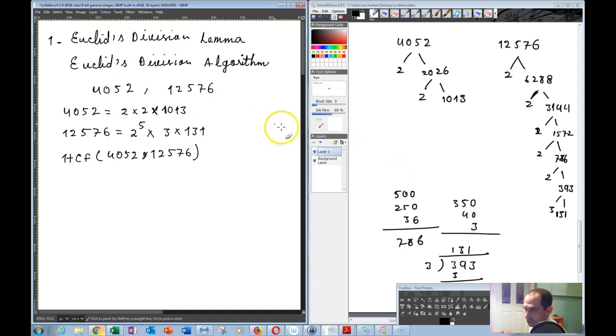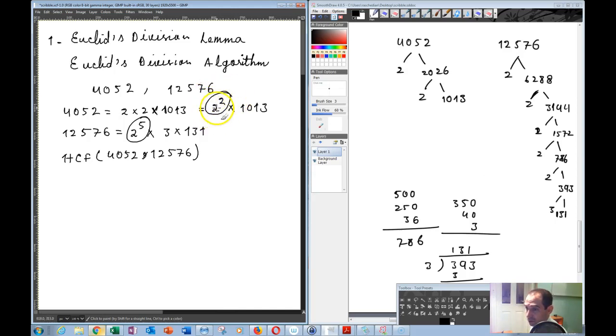So you can write this as 2 raised to the power 2 times 1013. The only common factors here are 2, and you don't have a 3 here, you don't have a 131 here, so the only common factors are 2 raised to the power 2 and 2 raised to the power 5. And the highest common factor would be 2 raised to the power 2.